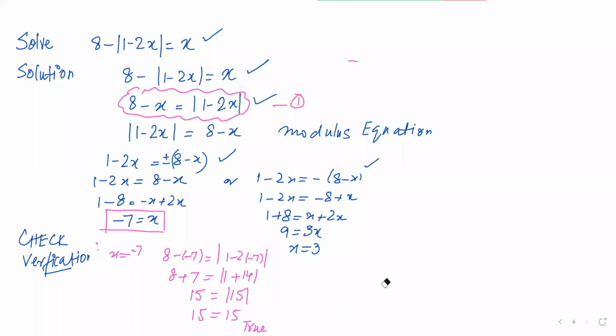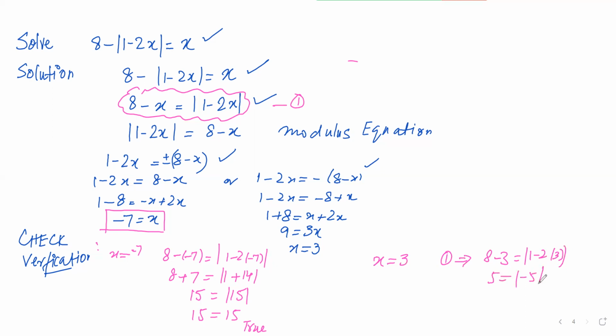Let us verify the other, which is 3, in the given equation. When x equals 3, 8 minus 3 equals |1 minus 2 into 3|. 5 equals |minus 5|.